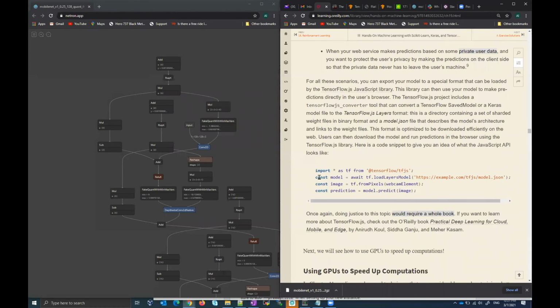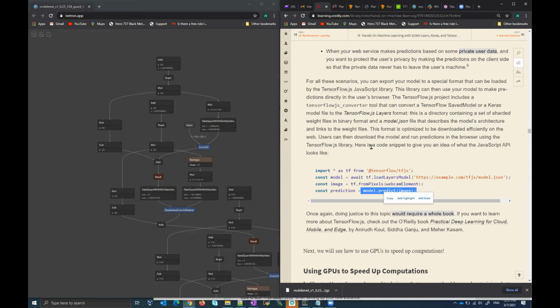Okay, so there is also some example here of the code to use the TensorFlow JavaScript library. You have to import the library and then define the model type and how to use the prediction, right?